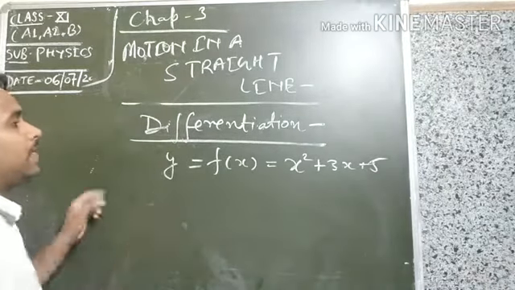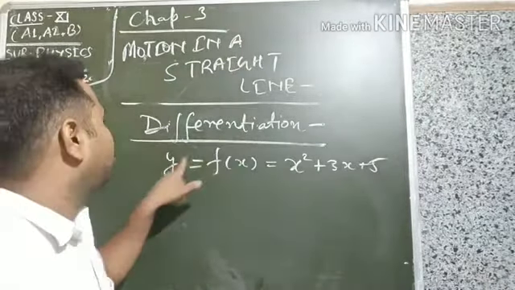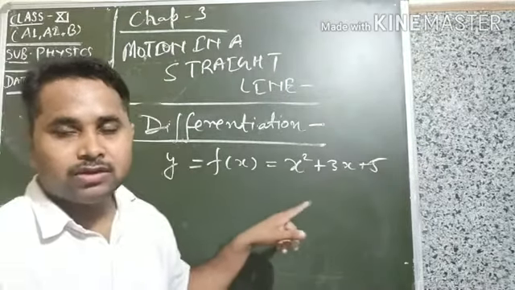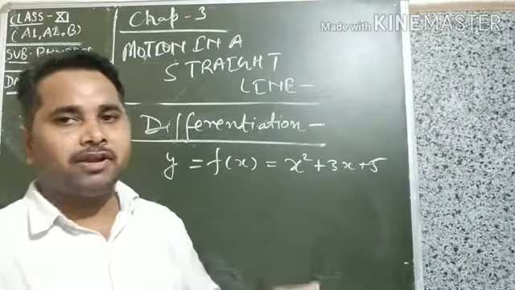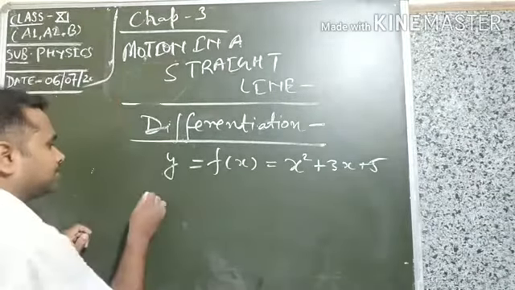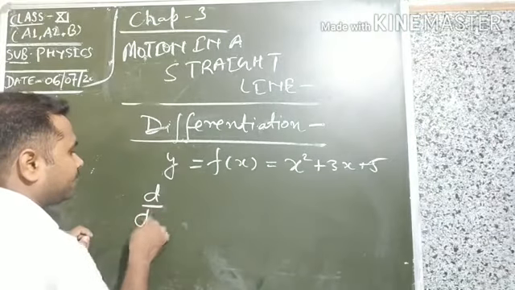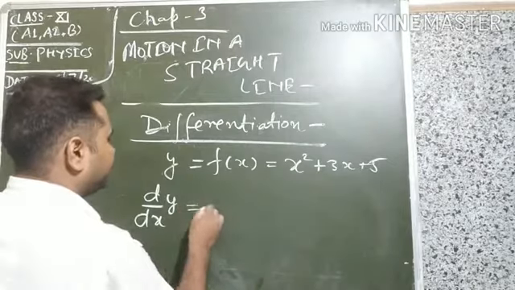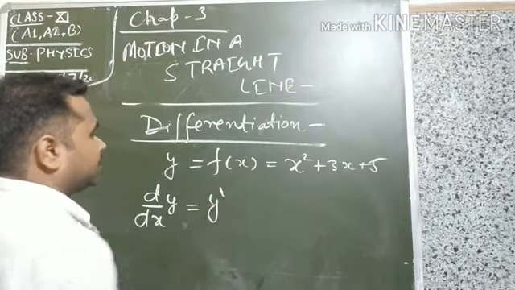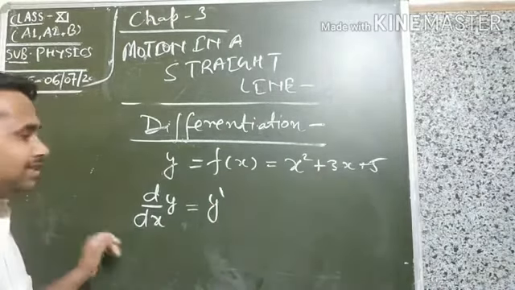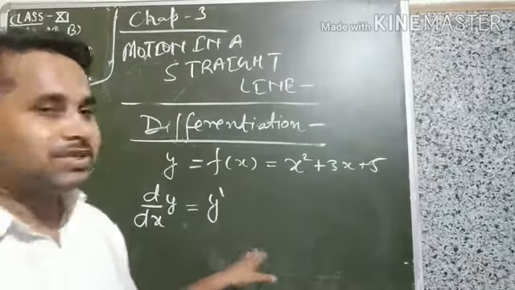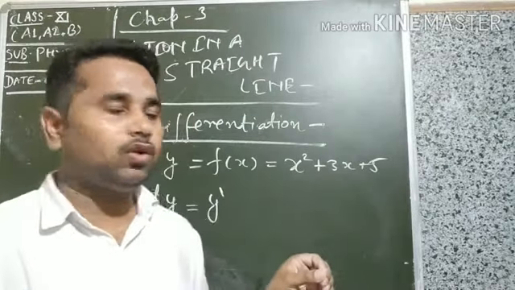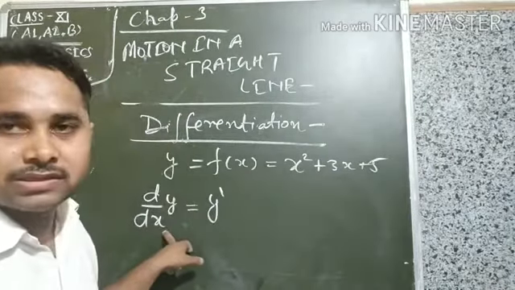Differentiation of y with respect to x, or derivative of y, is represented by d by dx of y or y dash. These are the methods to represent the differentiation of y with respect to x.